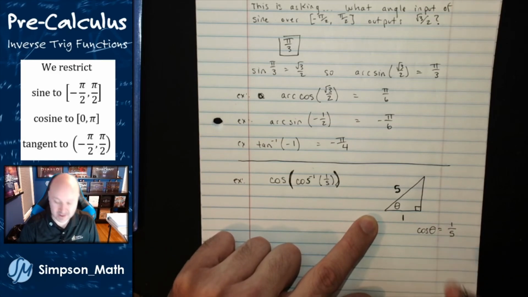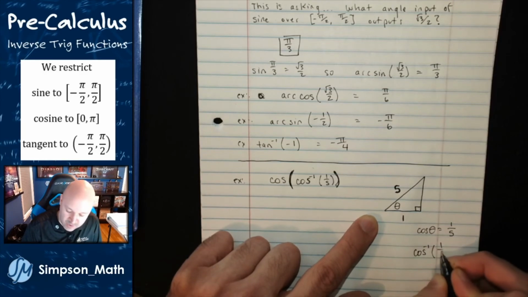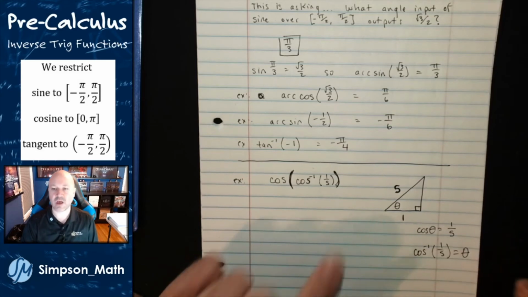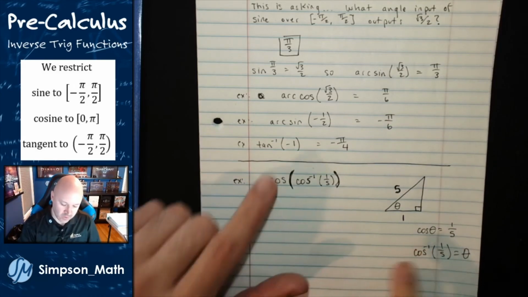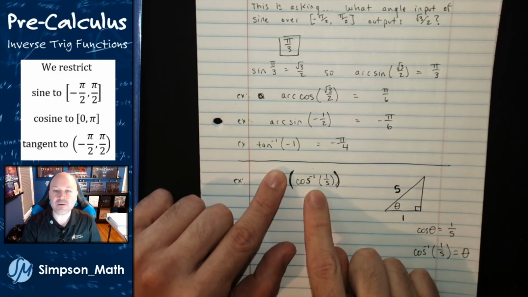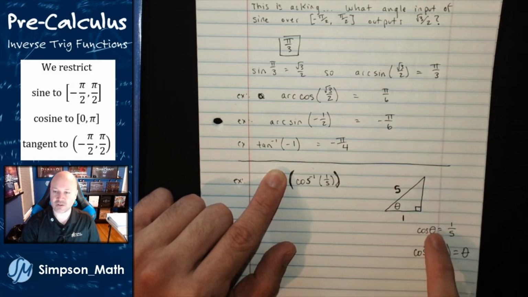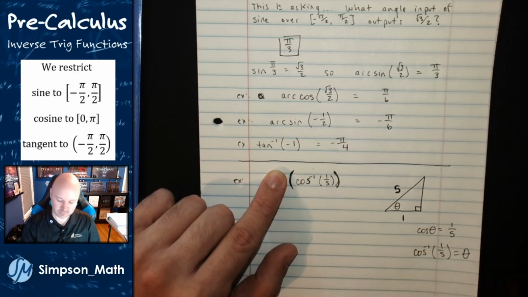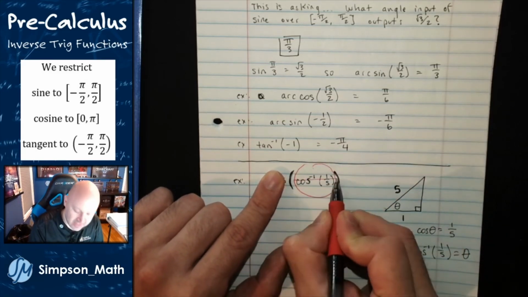If I inverse that, arccosine of 1/5 would equal theta. Input, output, interchange. So this inner arccosine stuff is describing this triangle situation in which it's asking for that theta. This inside here is just theta.